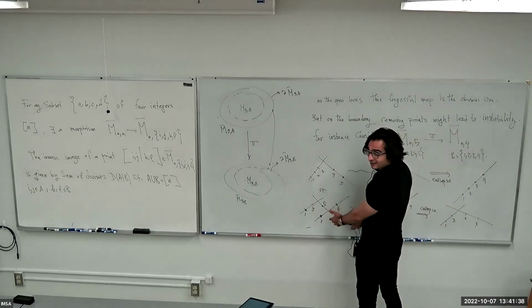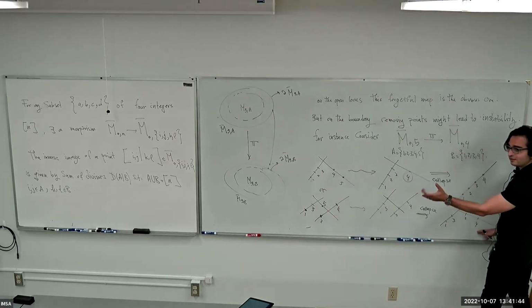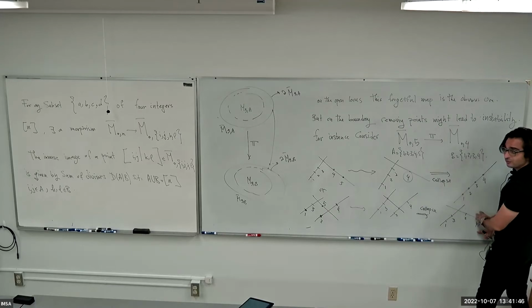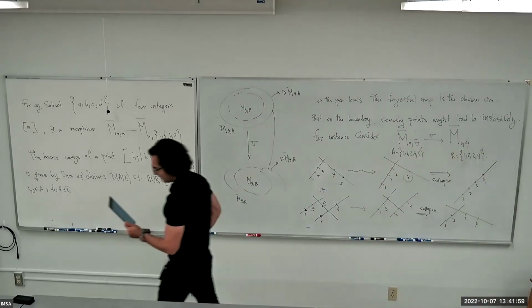So I can get all the sum of divisors such that 1, 3 is part of A and 2, 4 is part of B, but A plus B is the number n. So this is how the pre-image looks, because we are forgetting numbers.